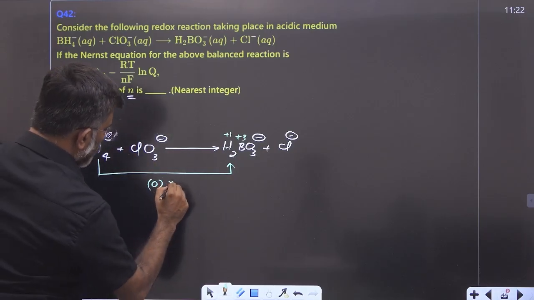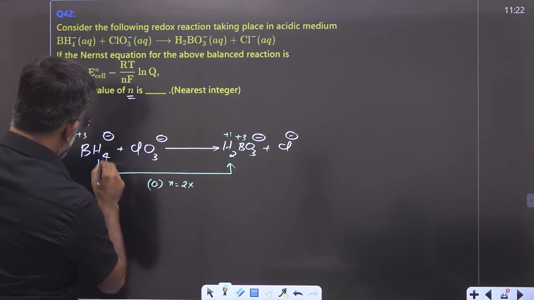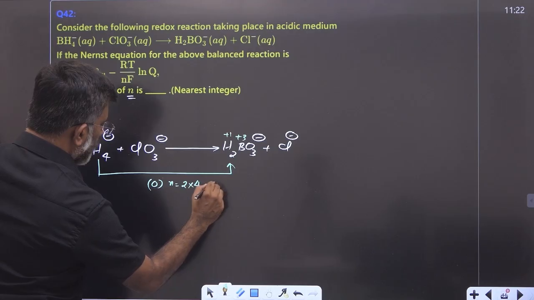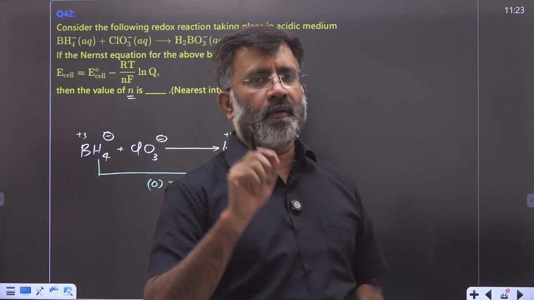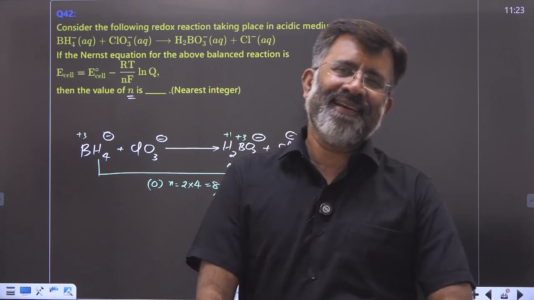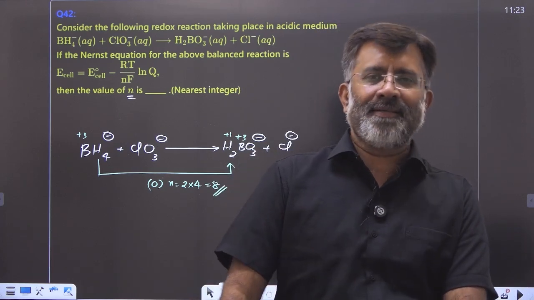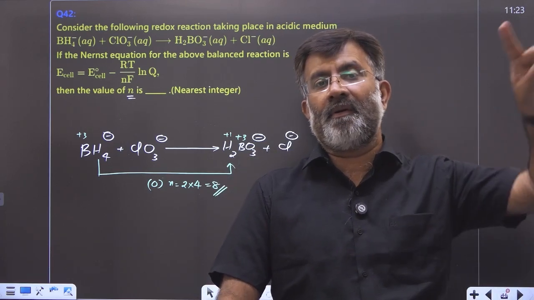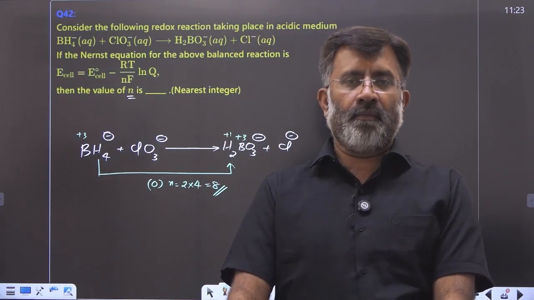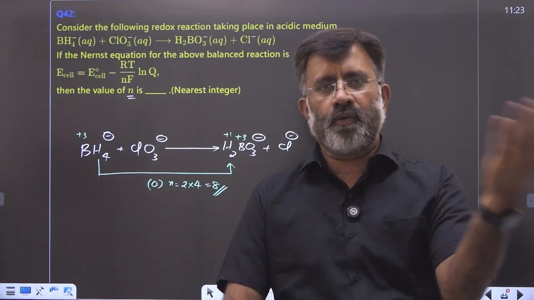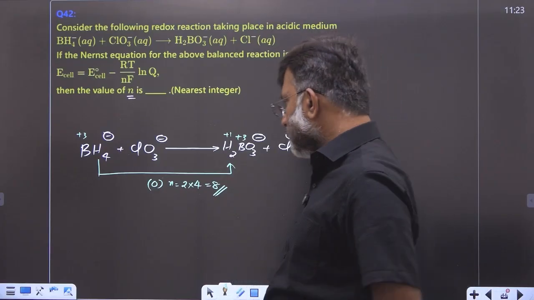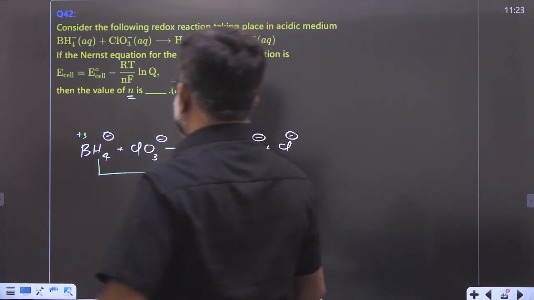So the n factor will be 2 into 4, as there are 4 hydrogens. So it is 8. Hydrogen hydride minus 1 is converted to normal proton H plus. Therefore, the number of electrons lost will be 2. There are 4 hydrogens, 2 into 4, 8 electrons.